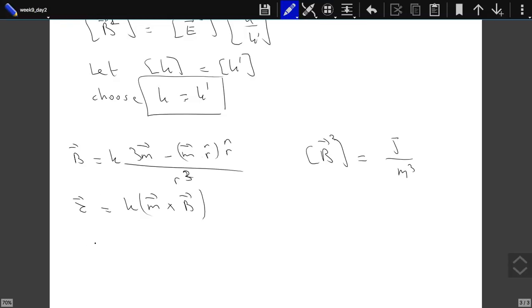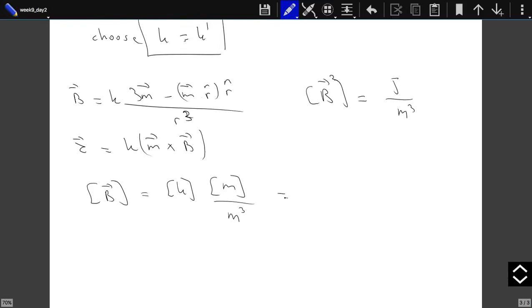Let's first look at the unit of B from the first equation. Well, the unit of B is the unit of K times the unit of M divided by M cubed, which should be equal to joules per meter cube.